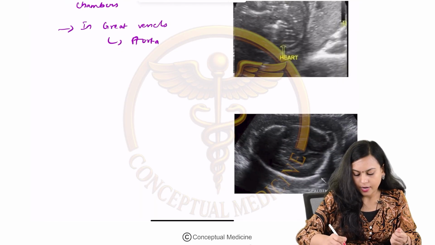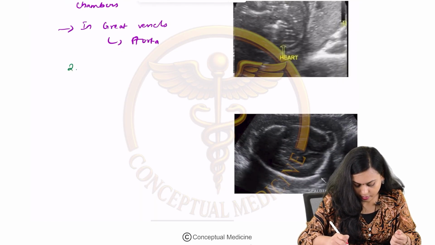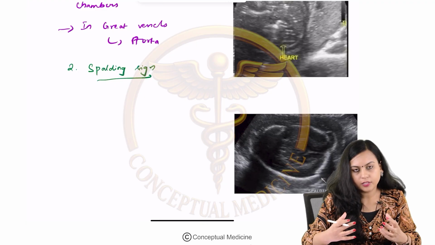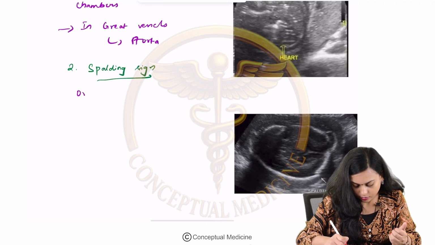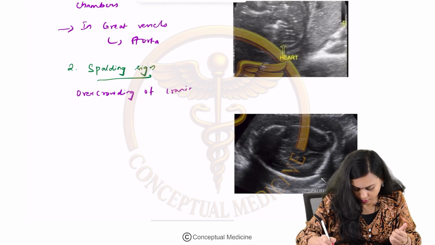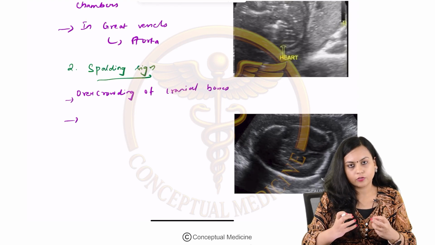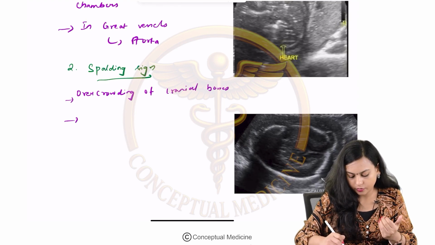And another sign is Spalding sign. In Spalding sign, there is overcrowding of the cranial bones, okay. Because why? The brain tissue is going to shrink after the fetal death, okay.